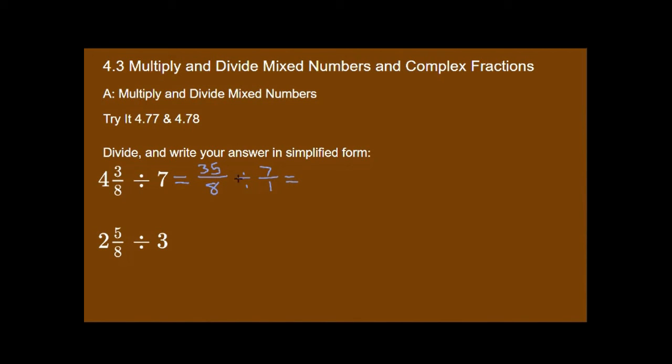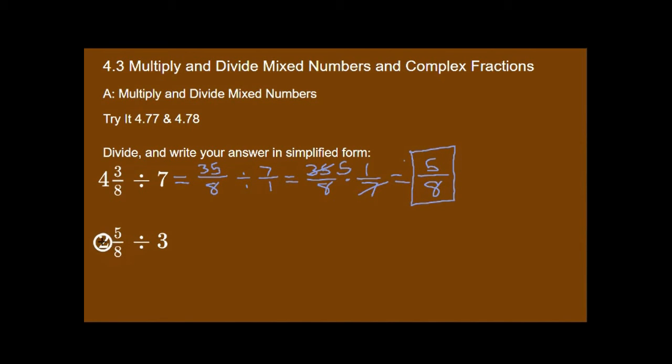Now we're going to change this division problem into a multiplication problem. 35 over 8 times 1 over 7. And then if I want to do the short way, I could say 7 goes into 7 one time, 7 goes into 35 5 times, and then I can multiply. 5 times 1 is 5, and then 8 times 1 is 8, and my answer is 5/8.